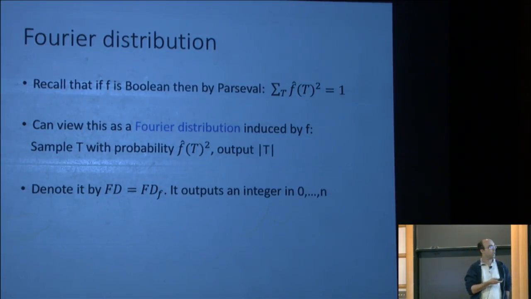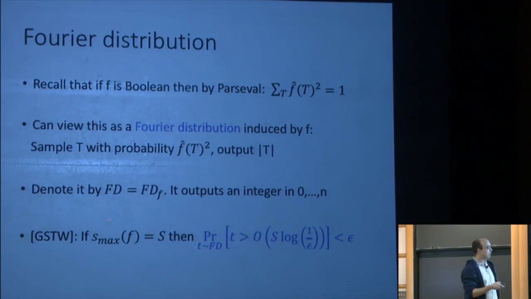I call this the Fourier distribution of the function; other papers give it a different name. We sample this set T, but we output its size, the Hamming weight of the set. So it outputs some integer between 0 and n for any given function.